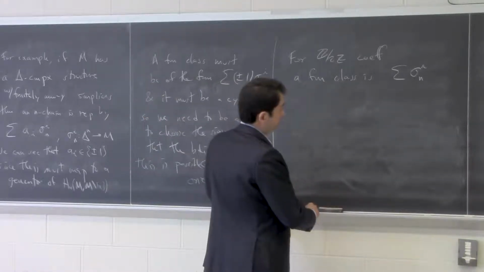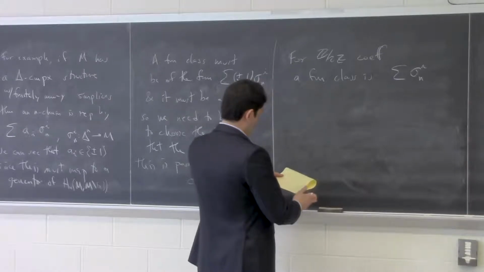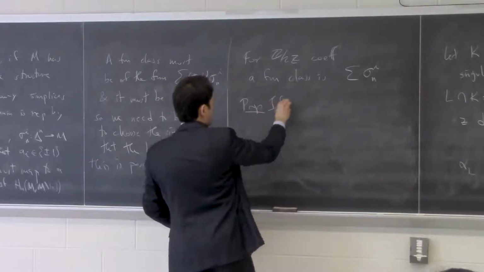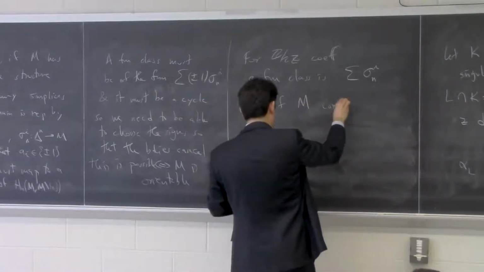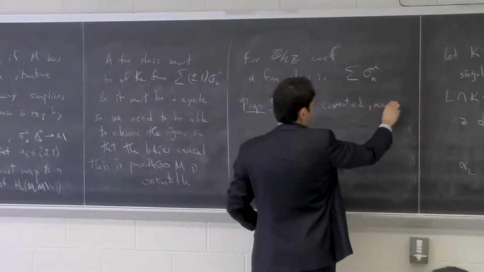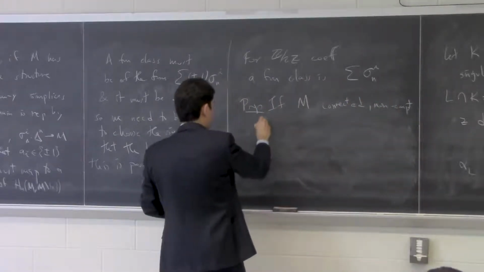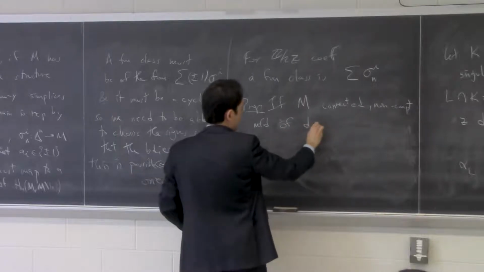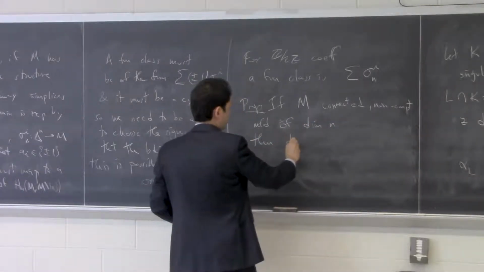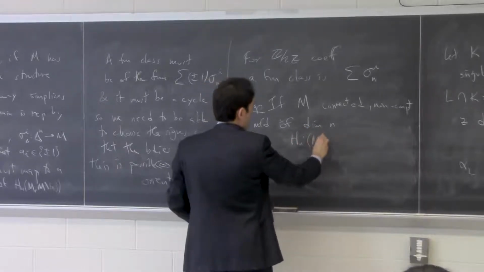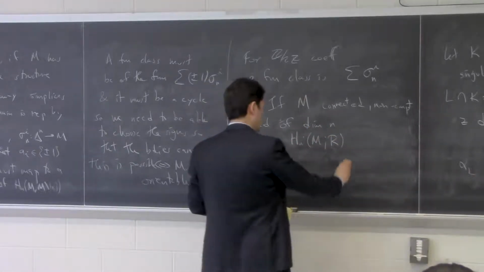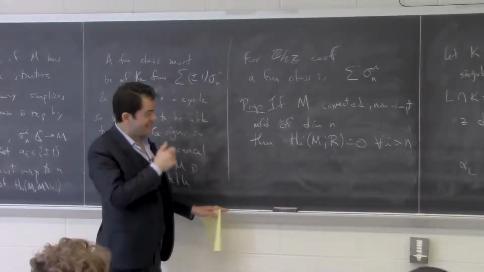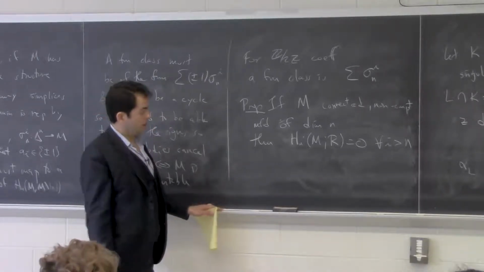So let me point out that if M is a connected non-compact manifold of dimension n, then it's still true that the homology vanishes above the degree of the dimension.